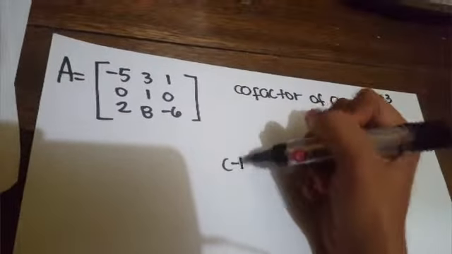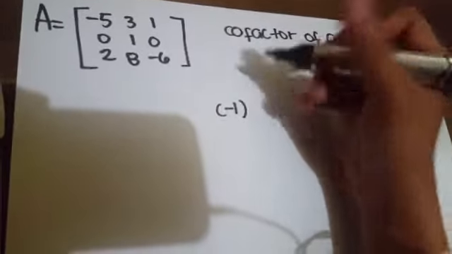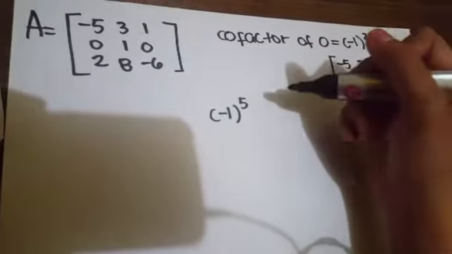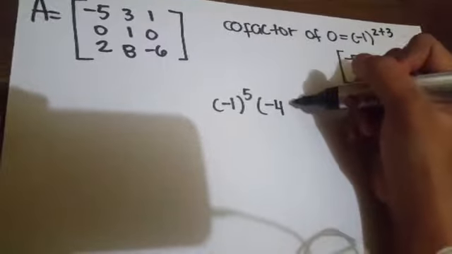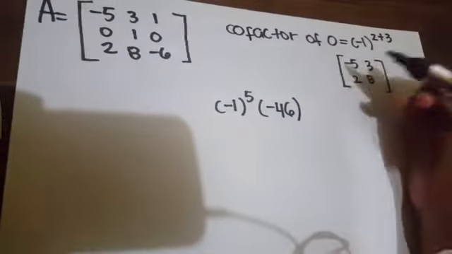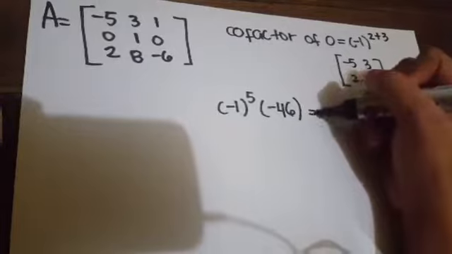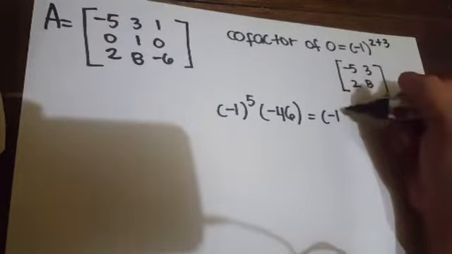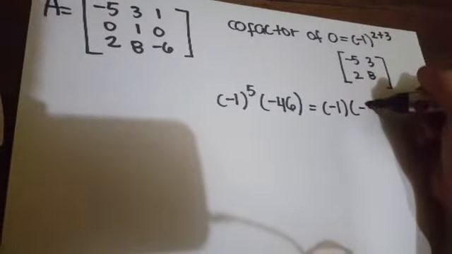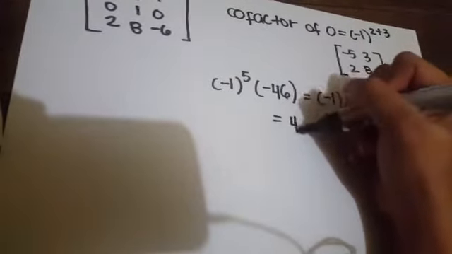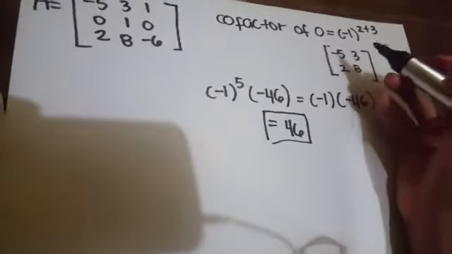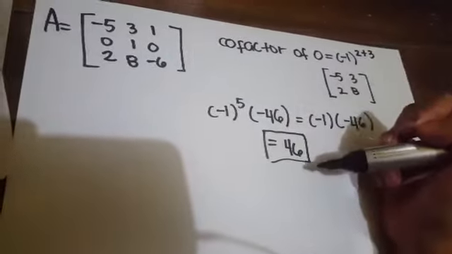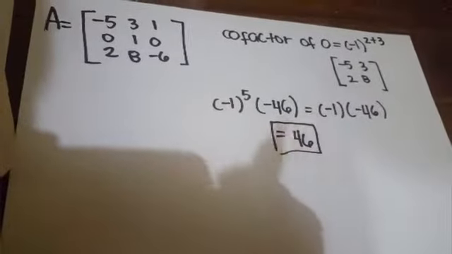So negative 1 raised to the 5th power times negative 46, the result of the minor, equals negative 1 times negative 46 equals positive 46. So the result of the cofactor of 0 is 46.